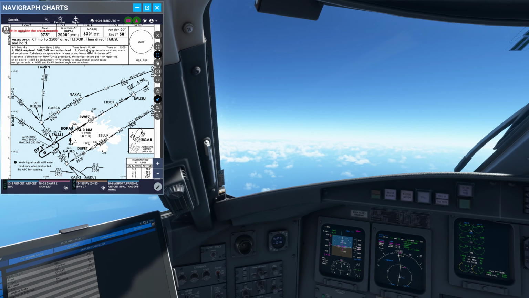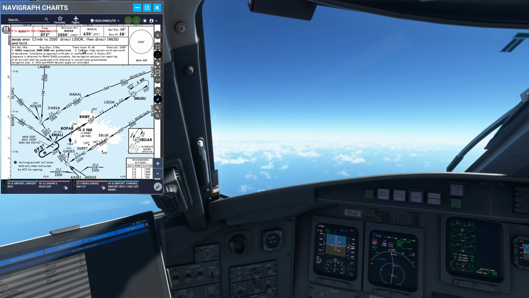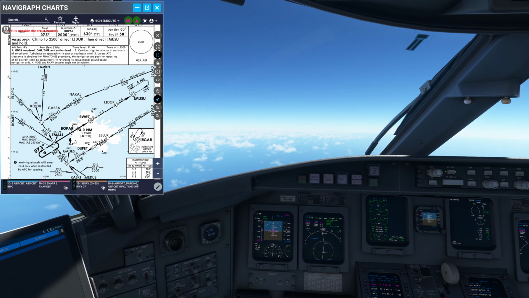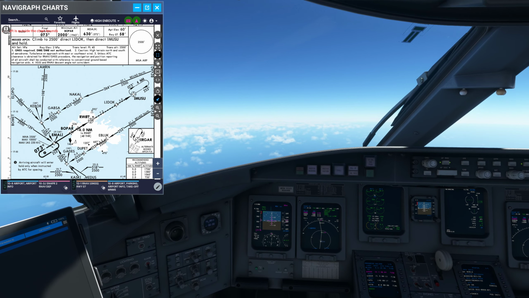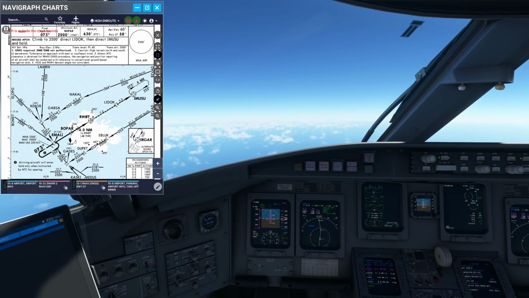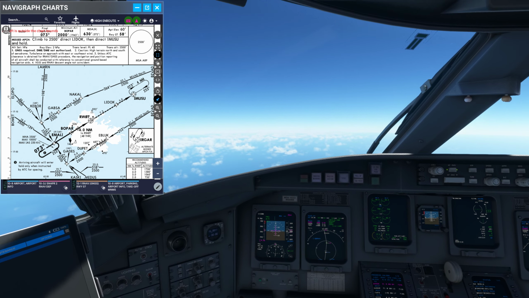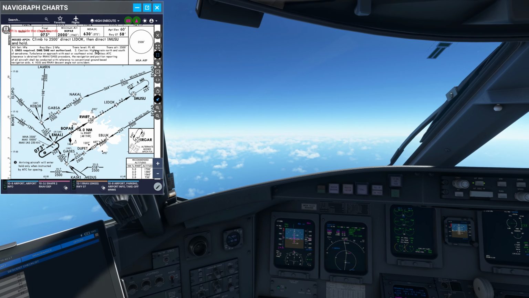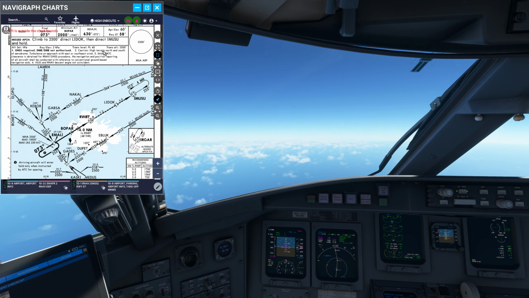Transition level is the flight level at which you change your altimeters from standard to the local altimeter setting. Now here it says flight level 40, which in the rest of the world would be 40,000 feet.